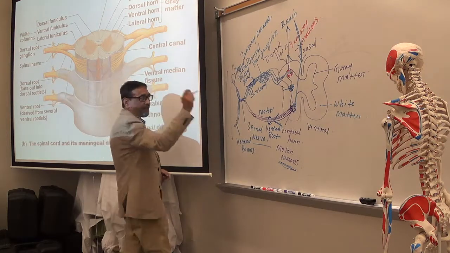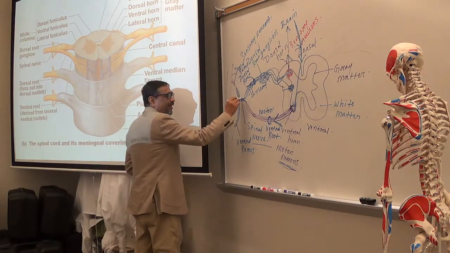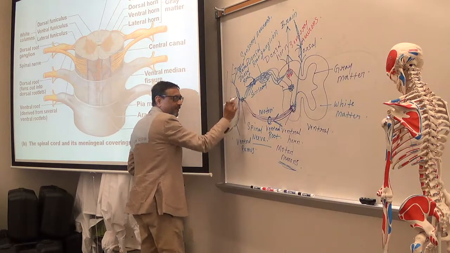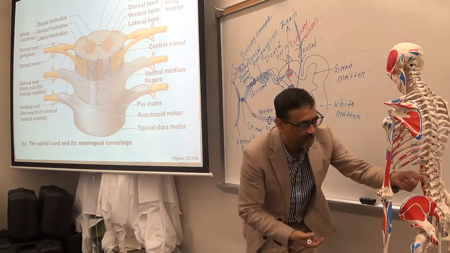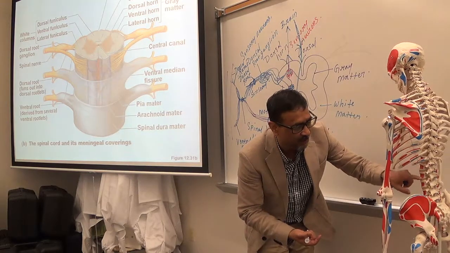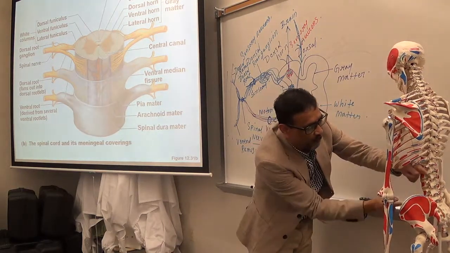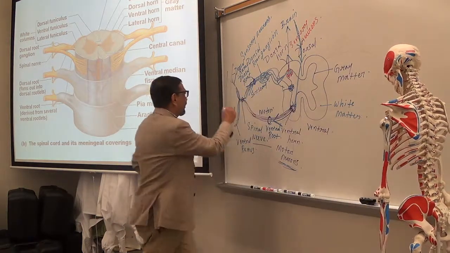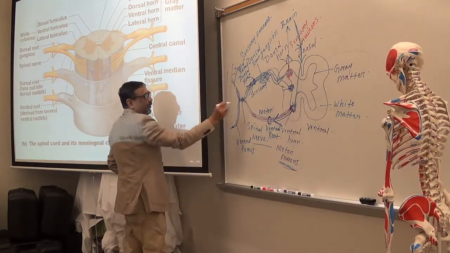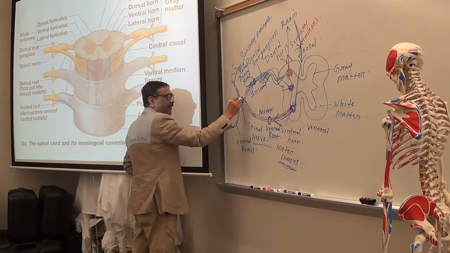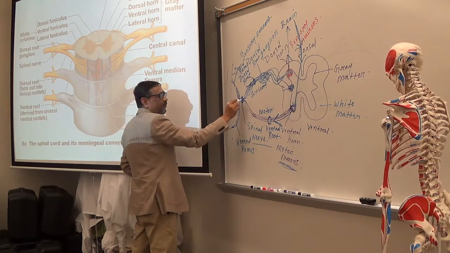Now, one thing very important happens here. If I ask you, this short spinal nerve that just comes out through this intervertebral foramen and then divides into ramus and goes to the body wall. Now, if I ask you, spinal nerve contains what kind of fibers?